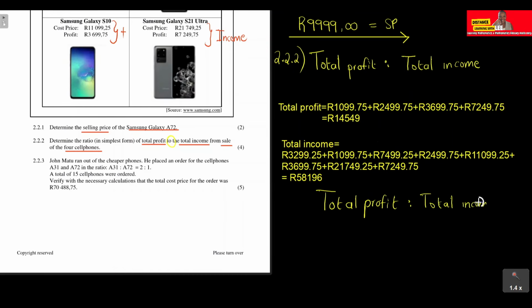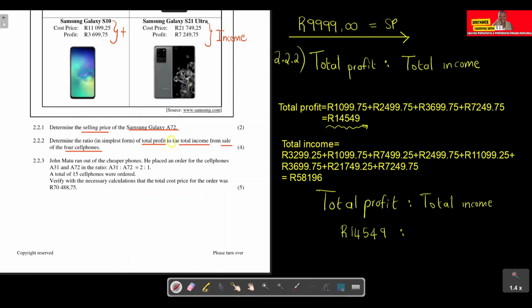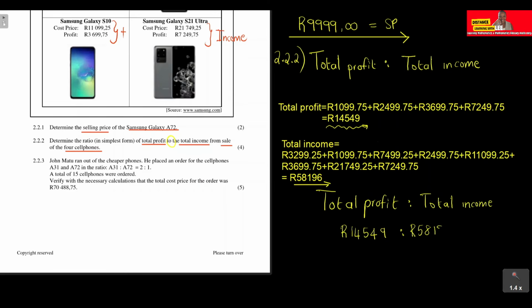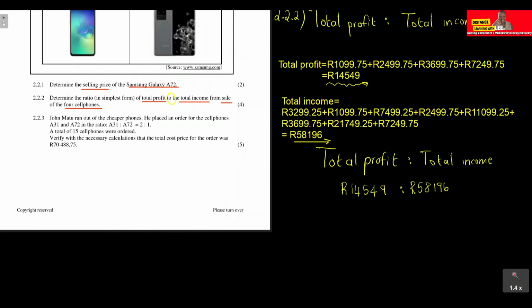We already calculated the total profit, and we found it to be 14,549.2. What is the total income? We found that our total income is equal to 58,196.